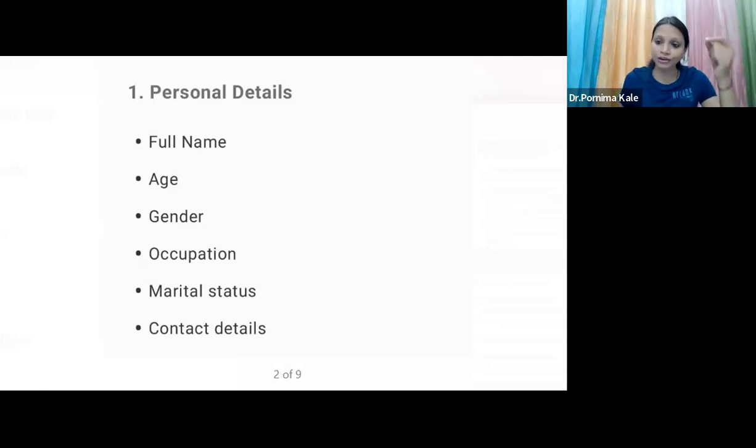Then when you take a detailed case history, you'll get to know that the patient's occupation is something related to dust, or chemical factories, or fumes. So that will not give relief to them. So we will advise them to just wear a mask and they can work at their workplace. So that is why occupation is necessary.